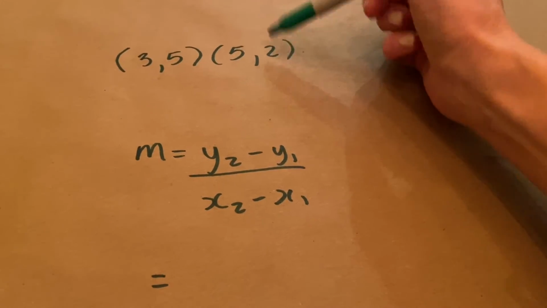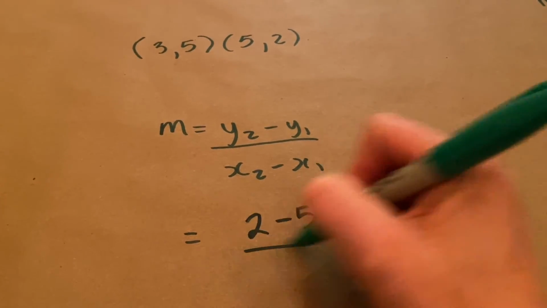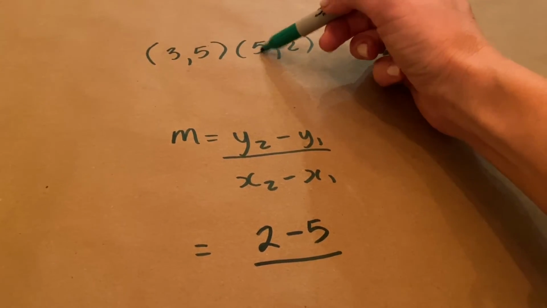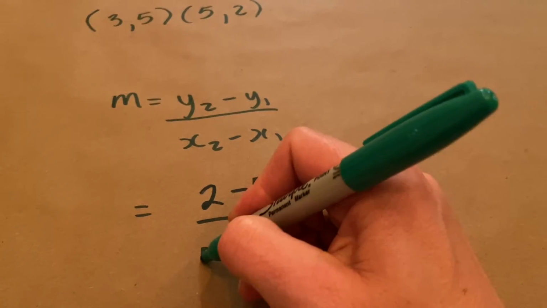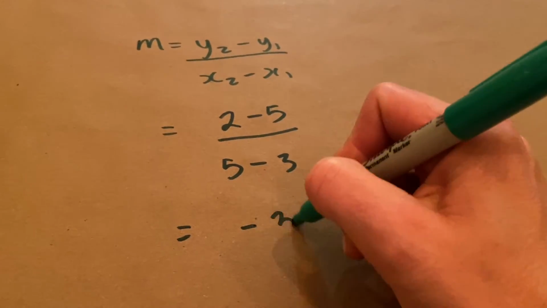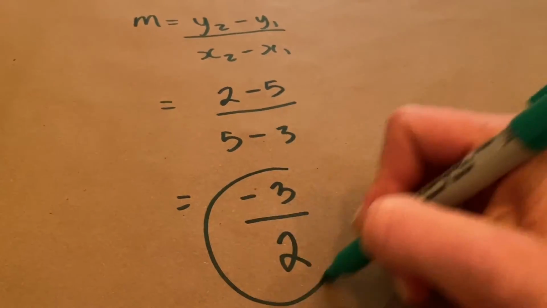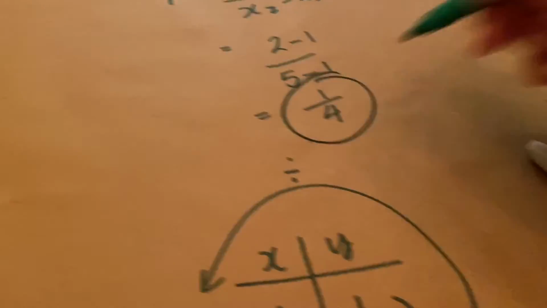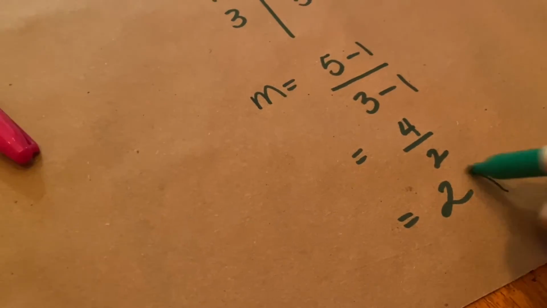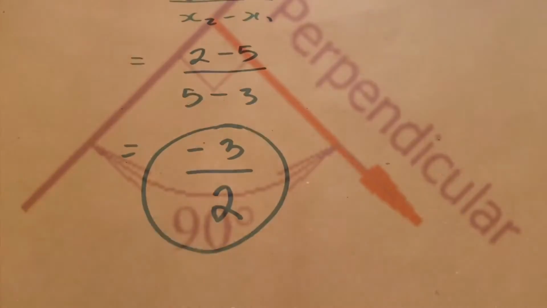We're going to do y2 minus y1 over x2 minus x1, so 2 minus 5 over 5 minus 3. 2 minus 5 is minus 3, and 5 minus 3 is 2. So here is one slope, here is one slope, here is one slope. We've got 3 different sides, and all 3 slopes are different.